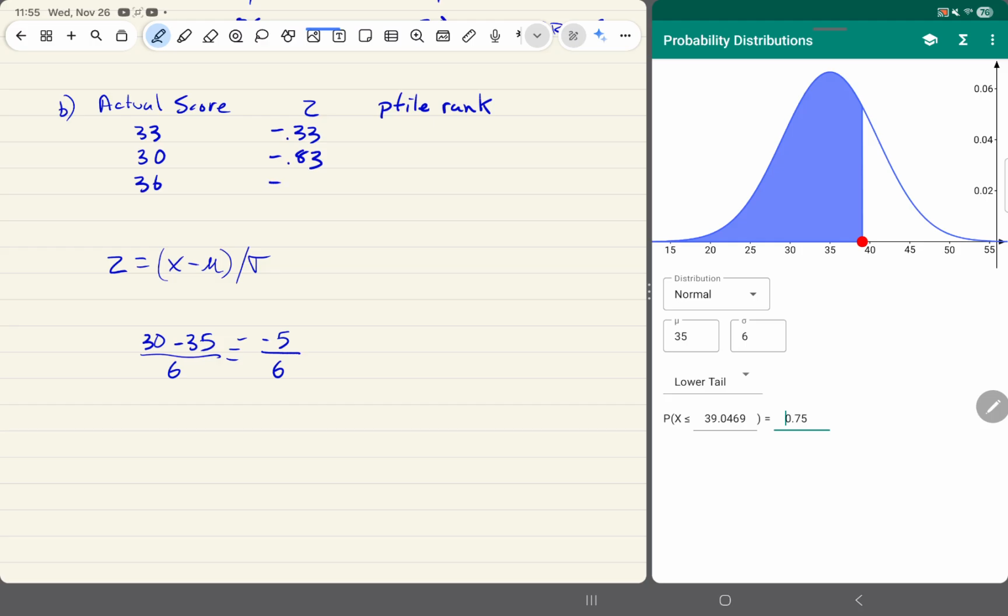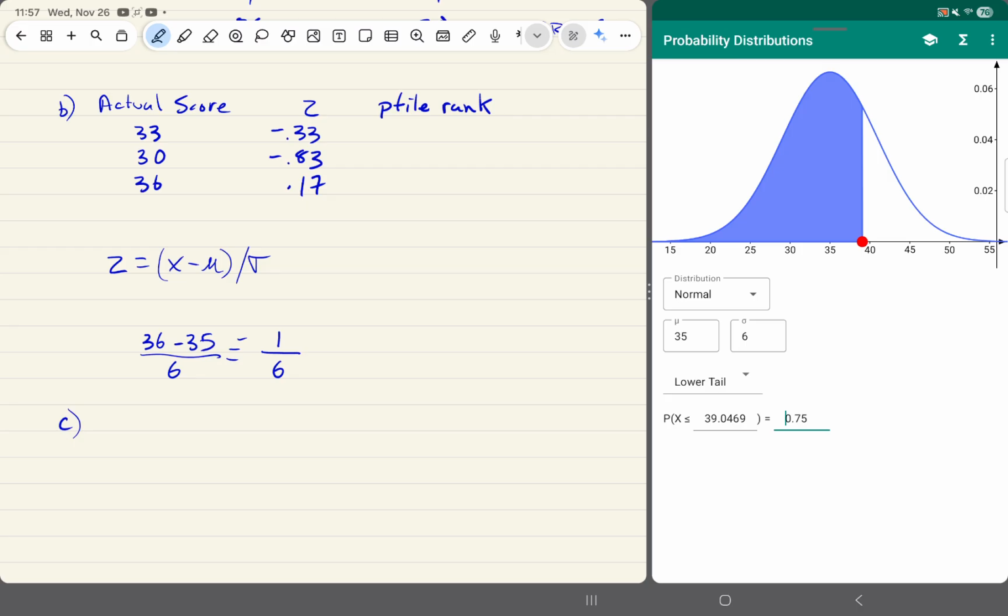And the next one, we have 36 minus 35, and that will give us positive 1 over 6 and a value of 0.17. All right. So we could keep going for all 15, which we'll have to do actually to get to part C, but I'm going to cheat a bit on that. But let's show you how you figure out the percentile rank. So in this case, again, what we're doing is we're entering.